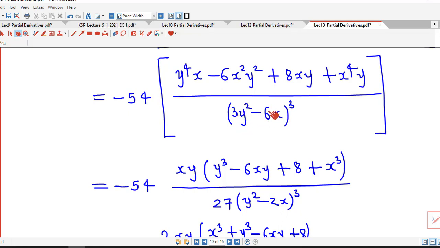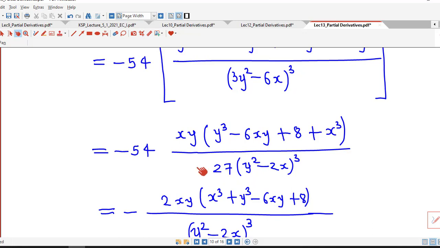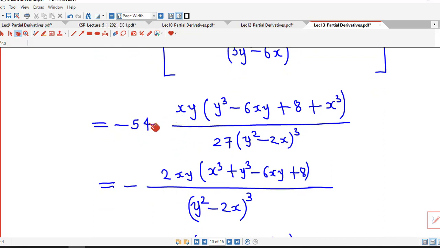So cube of 3 is 27, and we have (y square minus 2x) cube. So this 27 will cancel out and we will have 2 left here. So we write it this way, minus 2xy. We have written this bracket as x cube plus y cube minus 6xy plus 8.